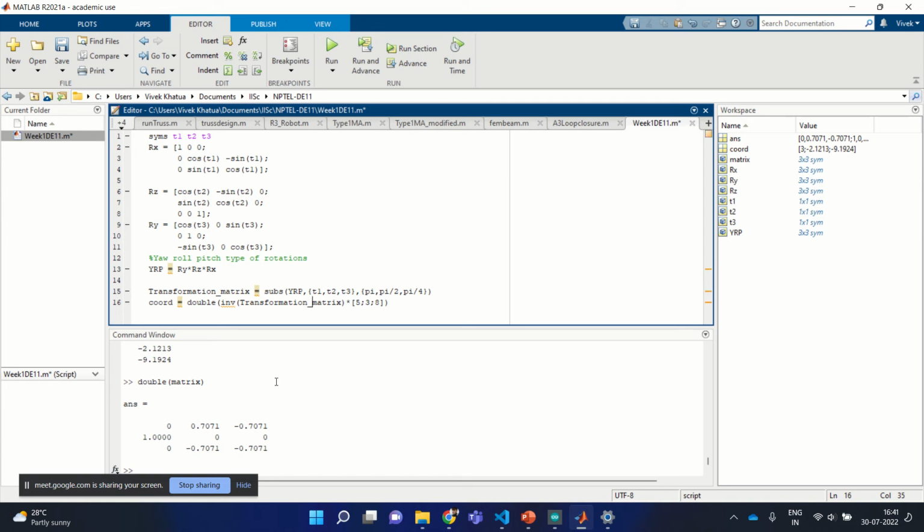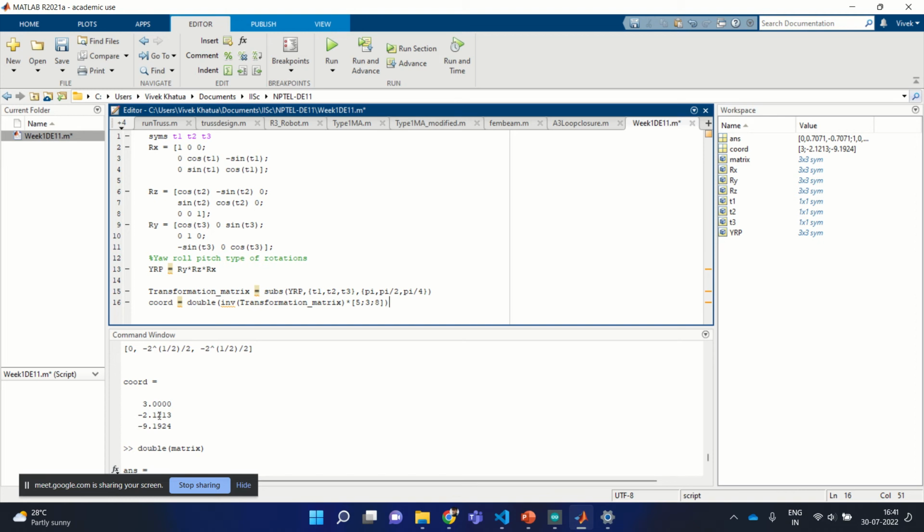So the moment I have anything that is in the ground, if I multiply it with the transformation matrix, I'll be getting my coordinates in the tool frame. So I have to perform an inverse of the transformation matrix to attain the answer. So the answer to this is 3, minus 2.